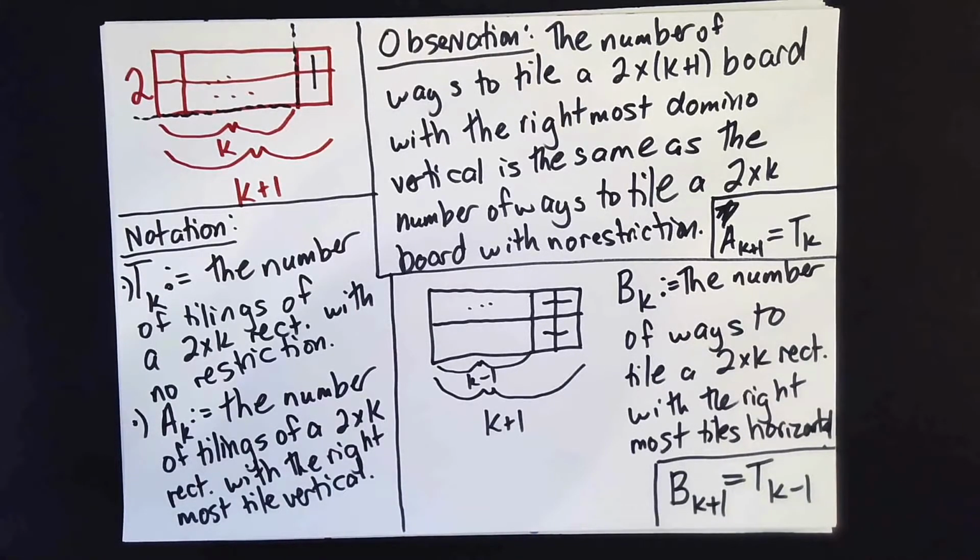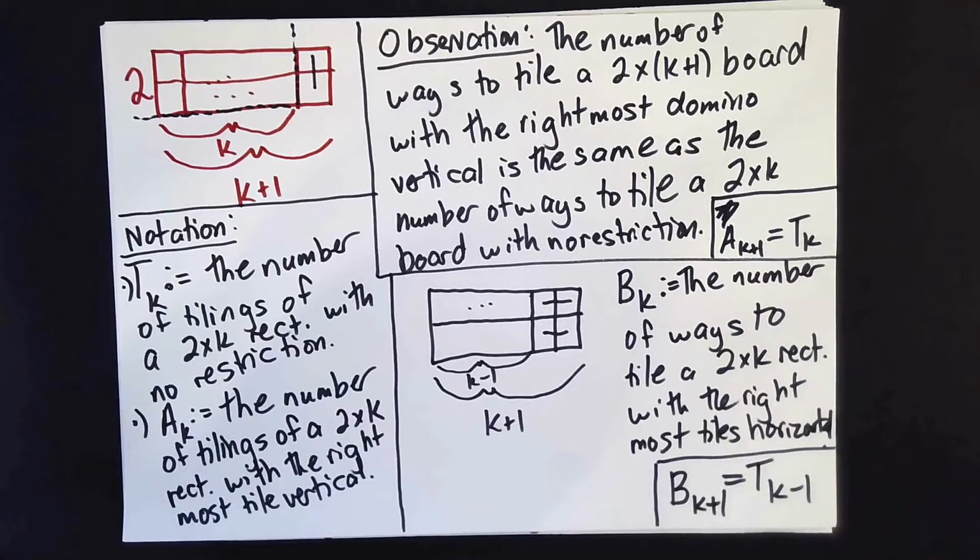Now I want to note this proof work, or whatever you want to call this thing we're doing so far, has gone in some unexpected directions. There was no reason when we set out on this question to think it was going to have anything to do with whether things were vertical or horizontal, but when we tried to find our 2 by k board and our 2 by k plus 1 board because we wrote down what we thought the inductive hypothesis was going to be, we sort of naturally fell into considering tilings where the domino on the right-hand side was vertical, which led us to define this A sub k.